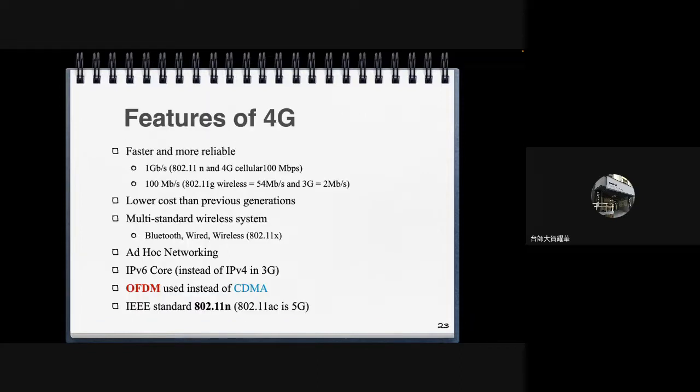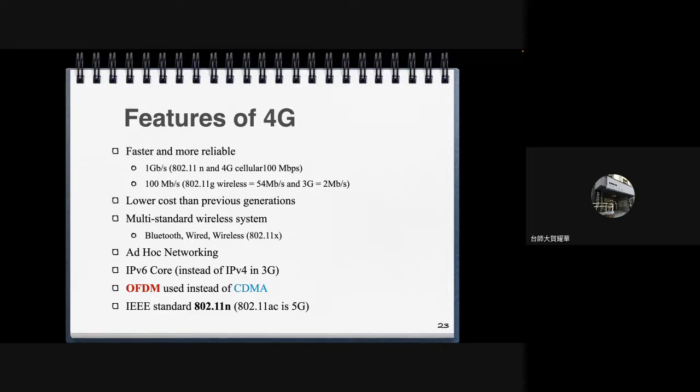Now, again, the fourth generation, of course, compared to third generation, is faster and more reliable. So we see the fourth generation cellular network is 1 gigabit, compared to 100 megabit for 802.11g wireless. It has a much lower cost compared to the previous generation.